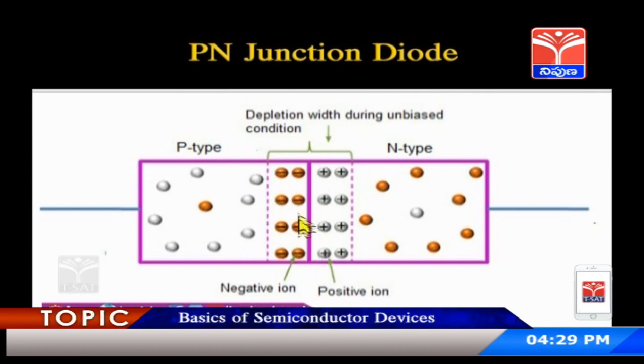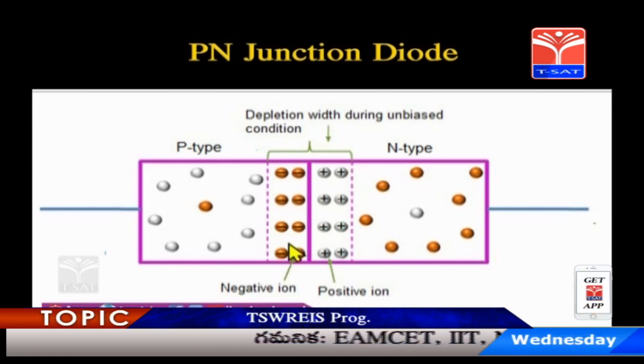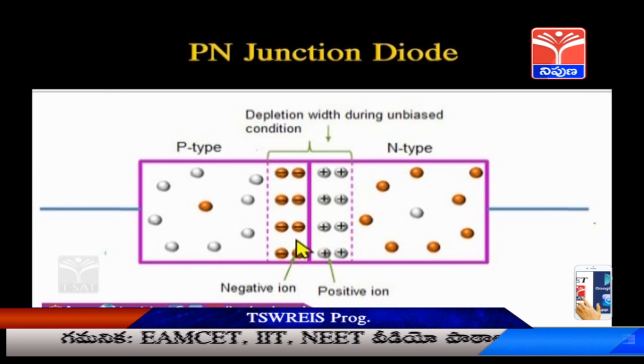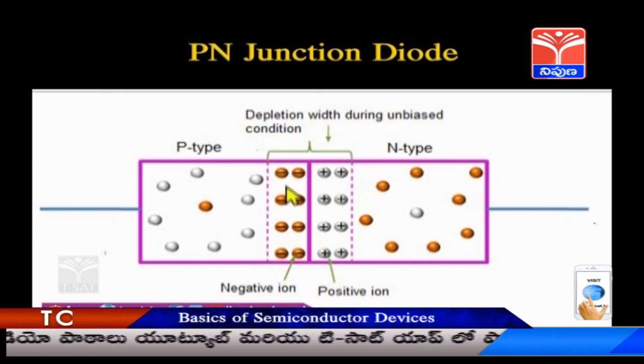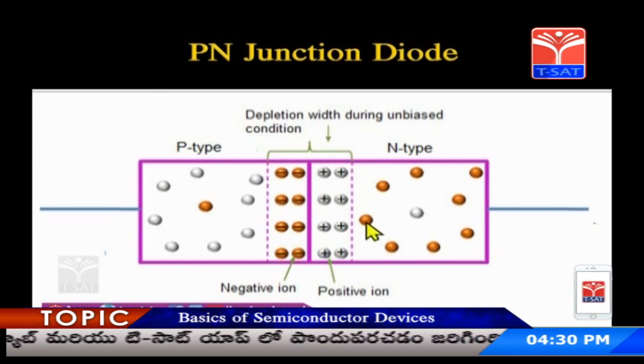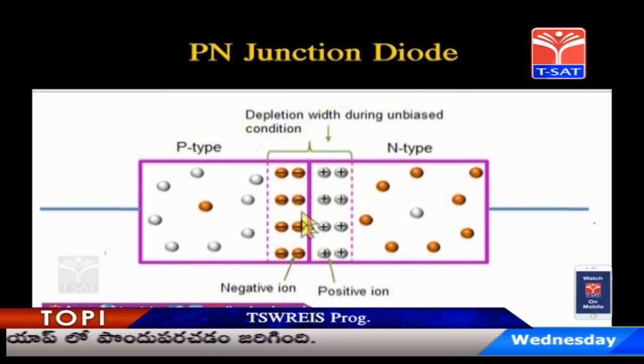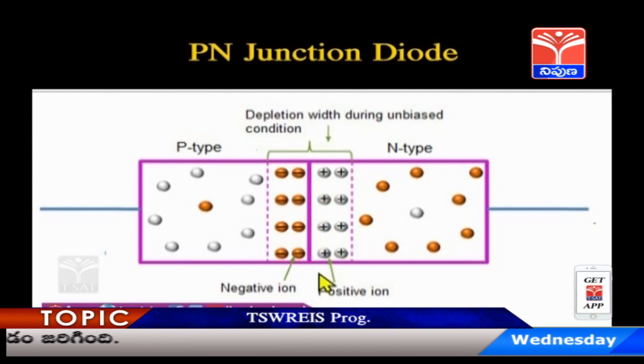So this region is called the depletion region because there are no charge carriers in this region. This region is depleted of carriers, and having these negative ions and positive ions aligned will form a potential. This potential is called the barrier potential.